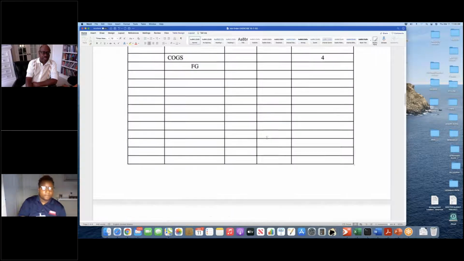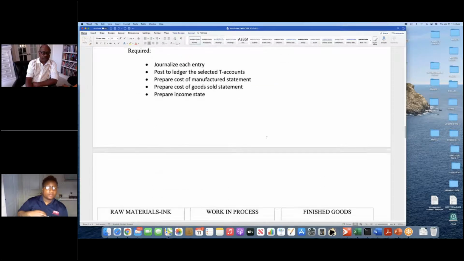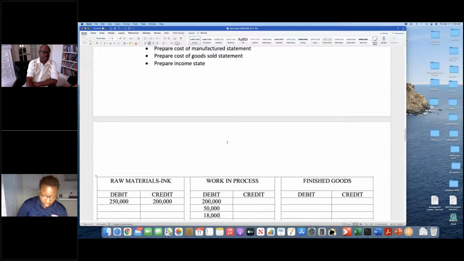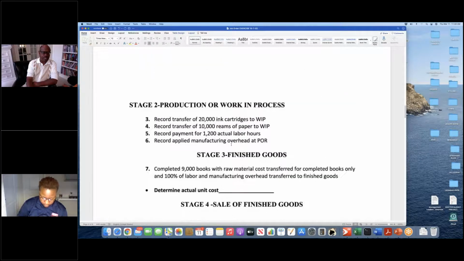So let's go ahead and get that posted. That should be work in process debit and cash credit, so it's going to be in the work in process account. We're only doing the partial posting at this point.